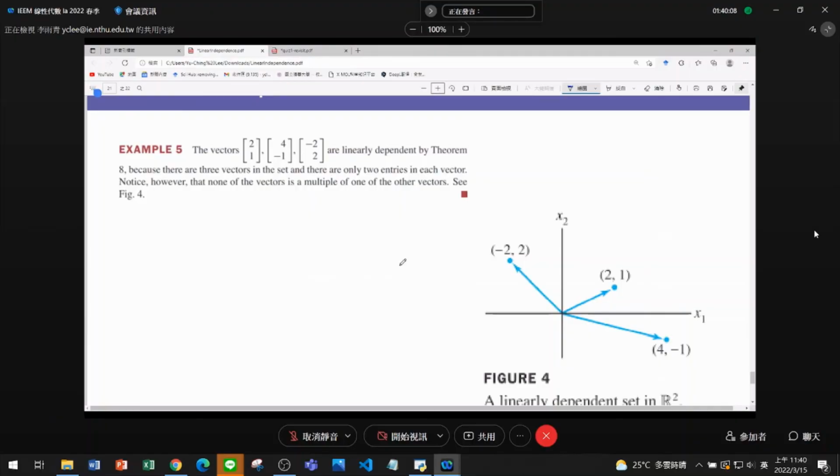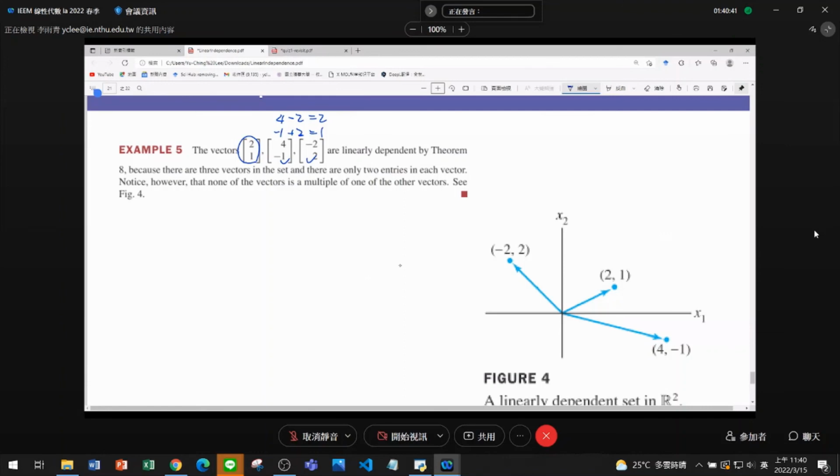If I add 4 and subtract 2, it gives me 2, and then -1 plus 2 gives me 1. So by adding the second one and the third one, I can obtain the first one.